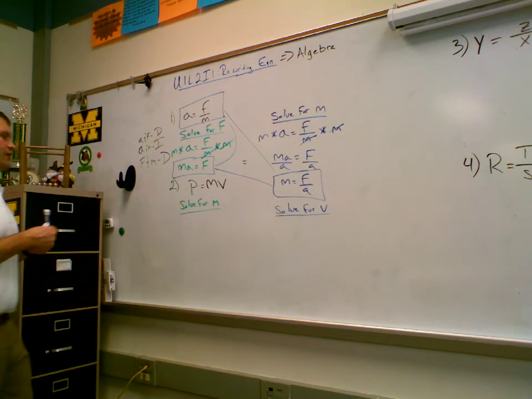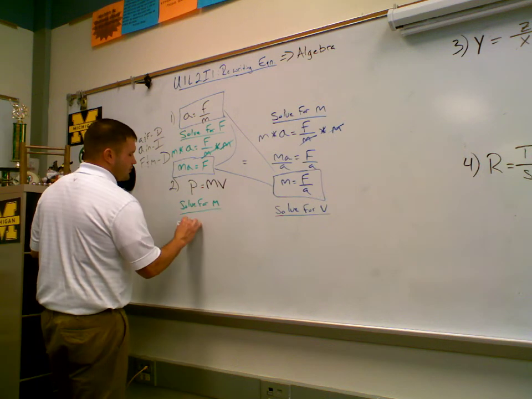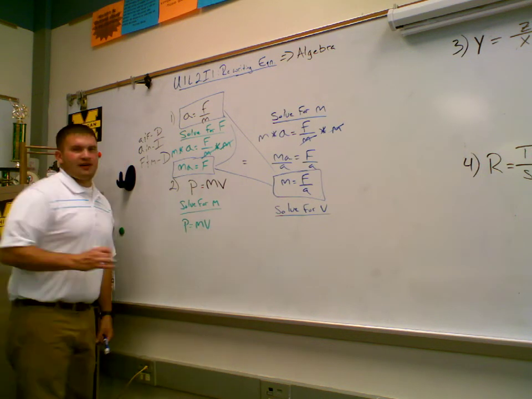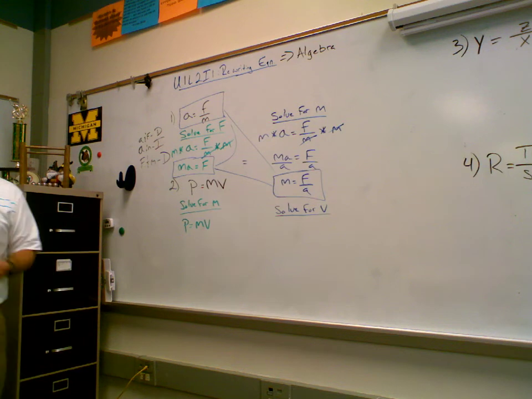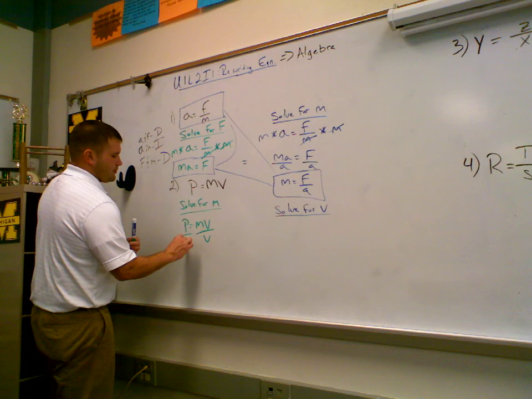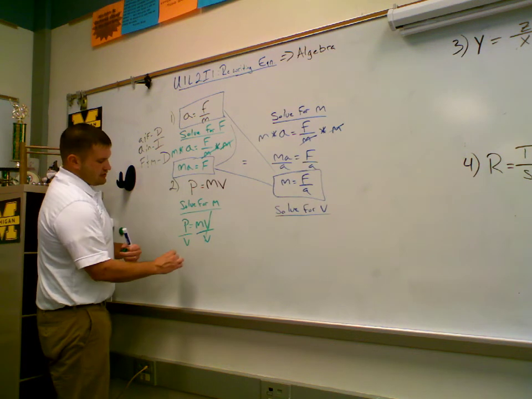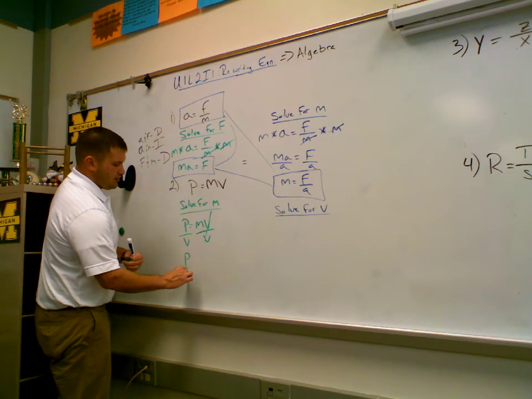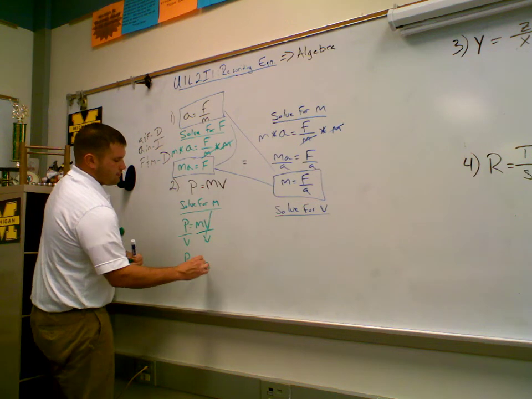M? We can solve for M first. So, P equals MV. How will I solve for M? Divide by V. V is being multiplied, so we do the opposite of multiplication. V's cancel out, so we have P over V equals M.